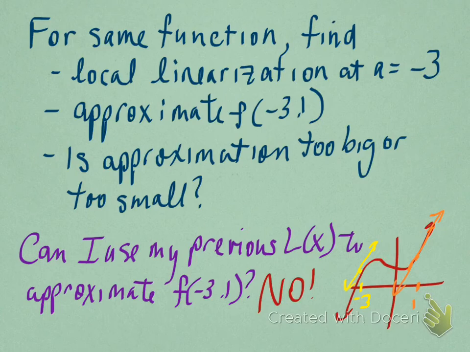If we look at this graph, you see that the values that you get from plugging in numbers near 1 are not necessarily going to be valid approximations for points that you would get by plugging in values near negative 3. So we need to recalculate a local linearization at negative 3.